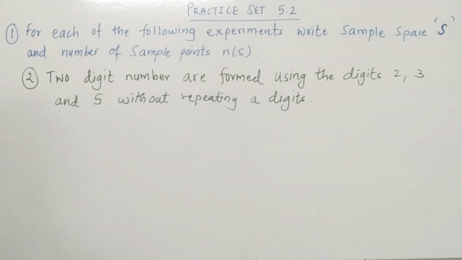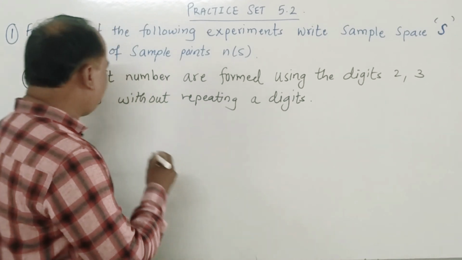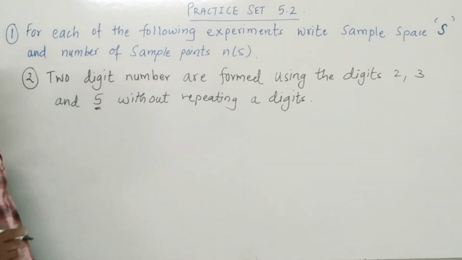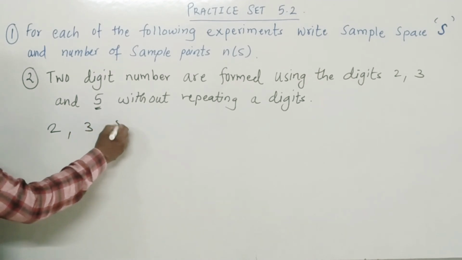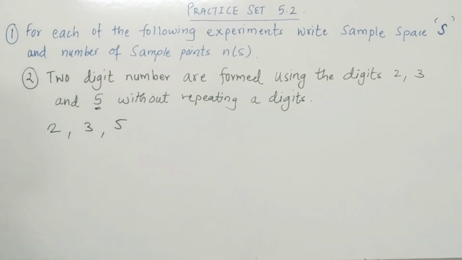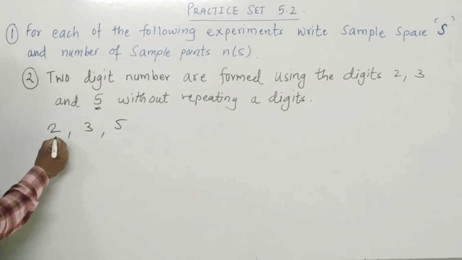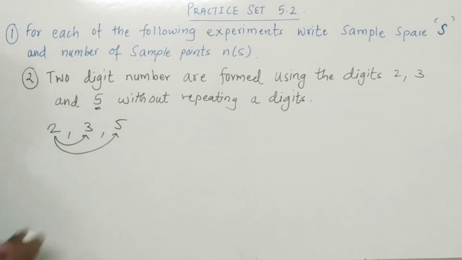Second example, 2 digit numbers are formed using the digits 2, 3, 5 without repeating the digits. Now, how to form the sample space using these 3 digits? We have to form the 2 digit number without repetition. So, first 2 will go with 3 and 5.